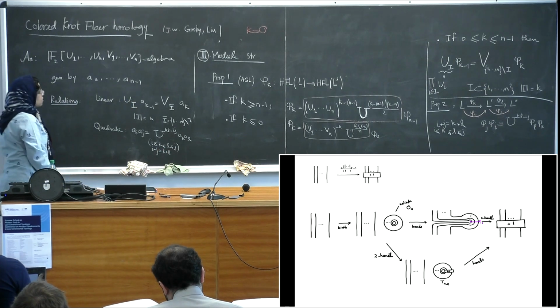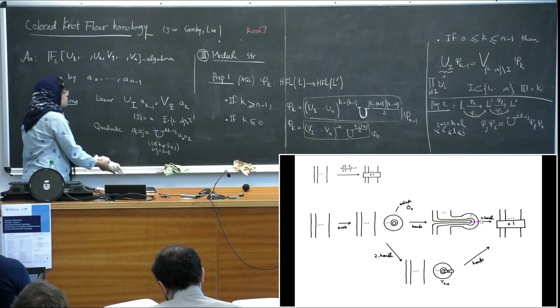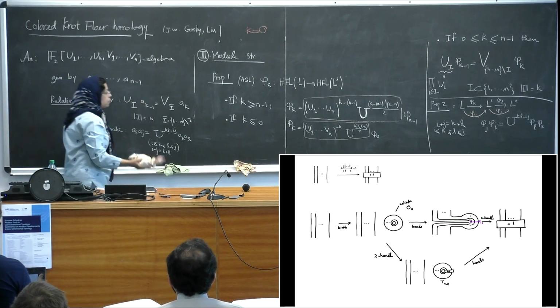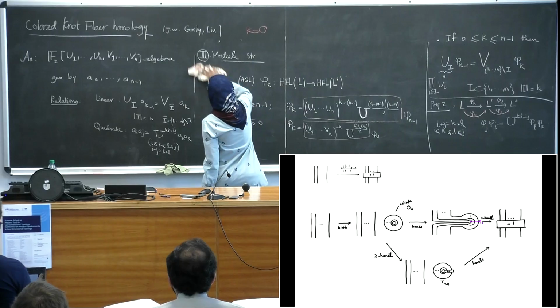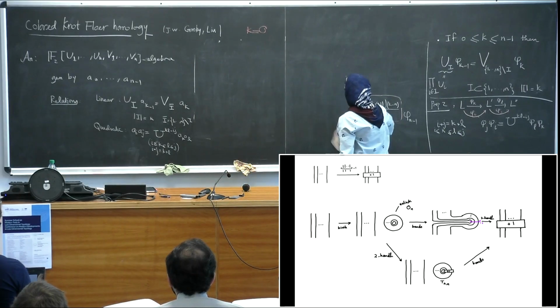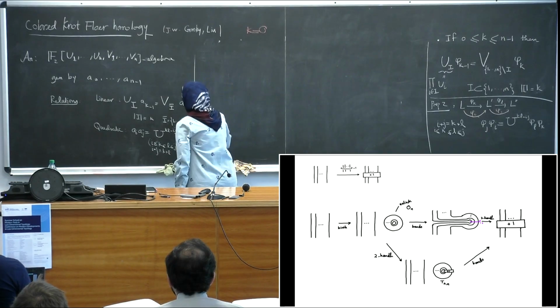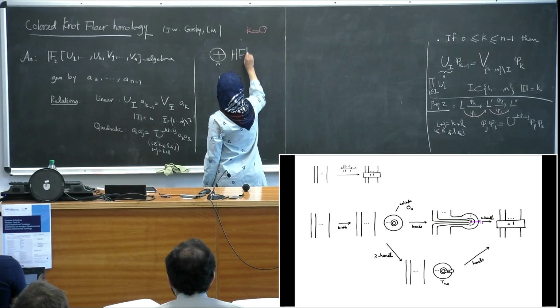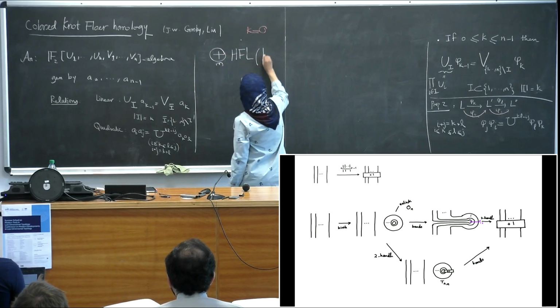So this is basically just an algebra describing those relations between the cobordisms. And this will act, in a very trivial way, on the direct sum over n of the link Floer homology of m, k, n.